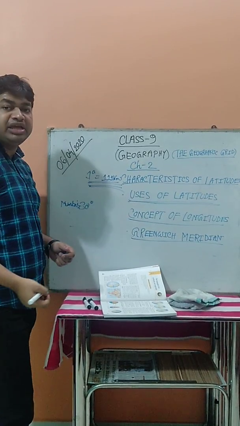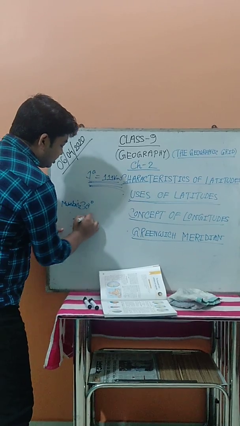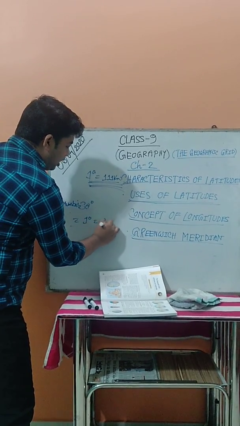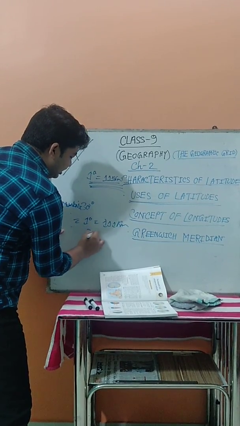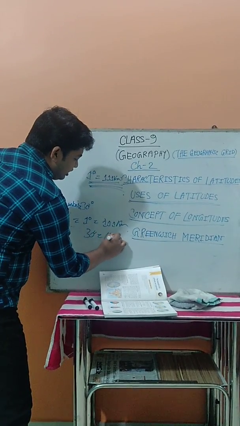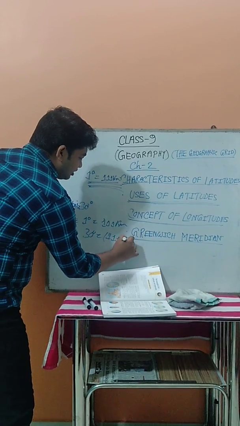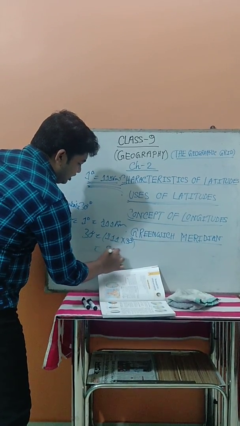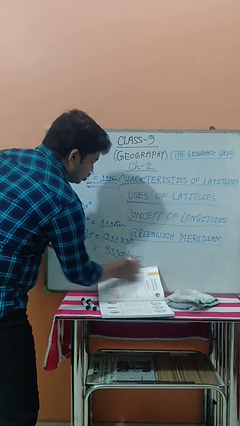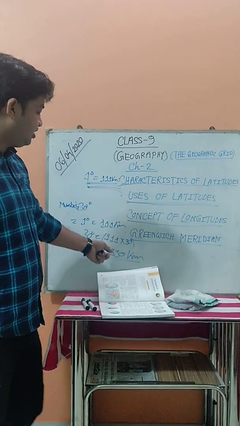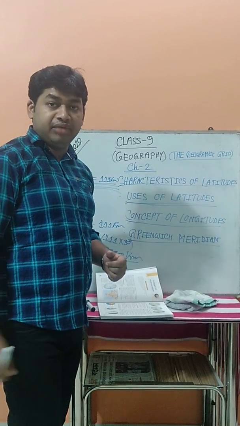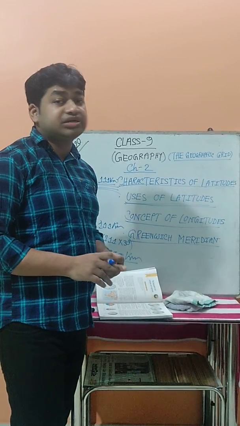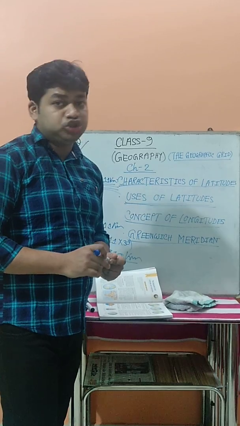What is the distance of Mumbai from the equator? 1 degree equals 111 kilometers, so 30 degrees equals 111 multiplied by 30. This is 3330 kilometers. So Mumbai is 3330 kilometers from the equator. In this way we can calculate the distance of any place from the latitudes.